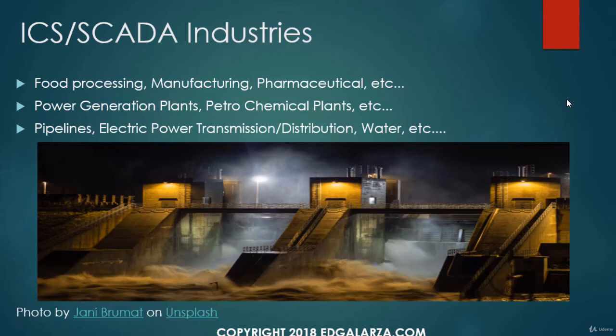You also have electric power generation plants where the power is generated. And you have petrochemical plants, water and sewer treatment plants, and many, many more. But these are just a few examples of the ICS/SCADA industries.